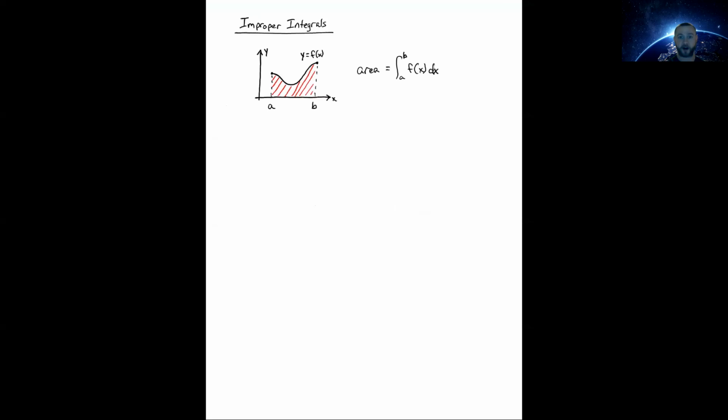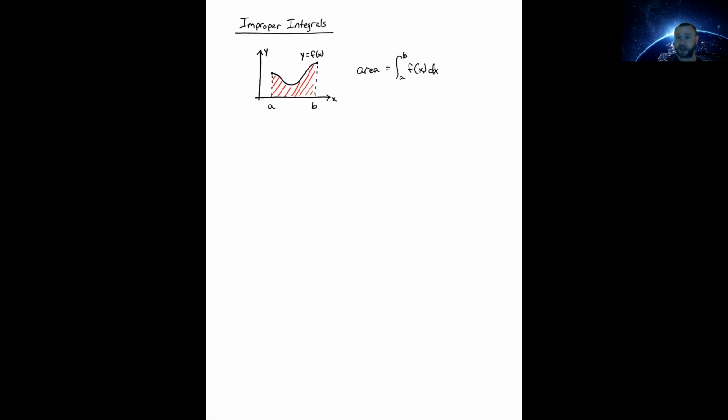Now, what this builds off of is a familiar idea of integrals, coming out of Calc 1 and 2. We were first introduced to integrals as area, so we think of area beneath the curve. We can calculate that area by evaluating an integral from a to b for that function. That's pretty much been every integral we've encountered so far in Calc 2.